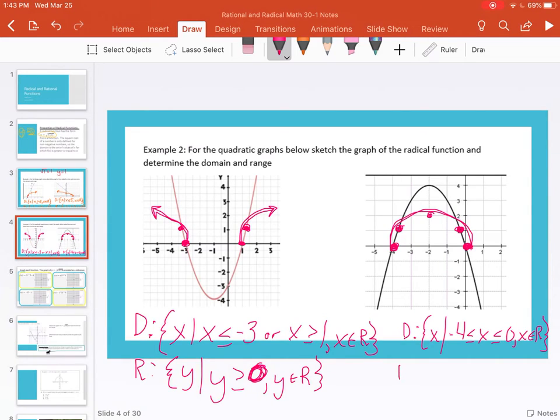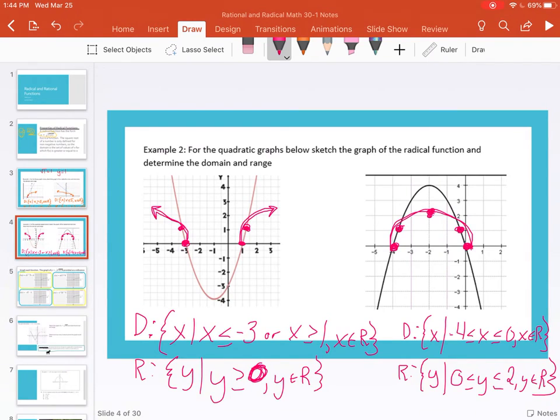And then my range for all y values would be y is greater than or equal to 0, but you will notice there's a maximum point here. So the maximum point is at 2, even though I didn't do a very good job of drawing that. So my range would actually be that y is greater than or equal to 0 and less than or equal to 2, where y is an element of all real numbers.